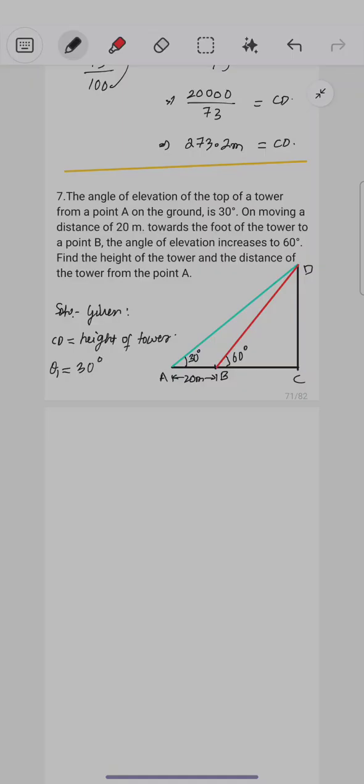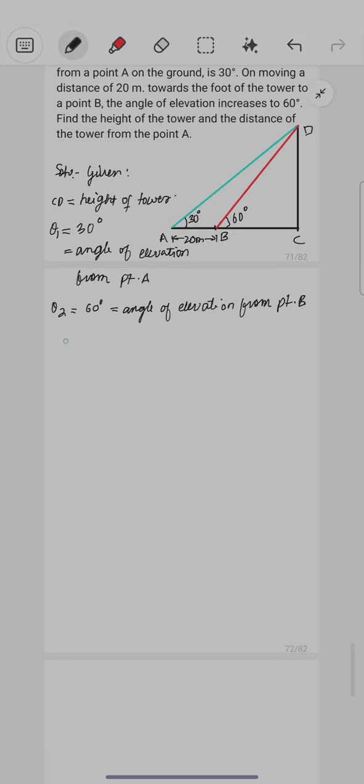Theta 1 equal to 30 degree, which is the angle of elevation from point A. Theta 2 equal to 60 degree, which is the angle of elevation from point B.